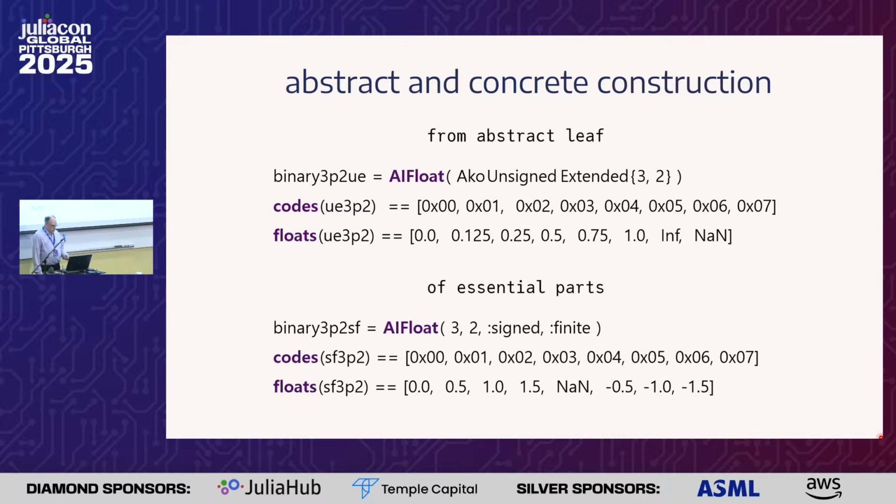You can do the same thing concretely using the essential parts of the float that you're intending, giving the bit width and the precision, and then whether it's signed or unsigned, and whether or not it's finite or extended, and you get the same thing.